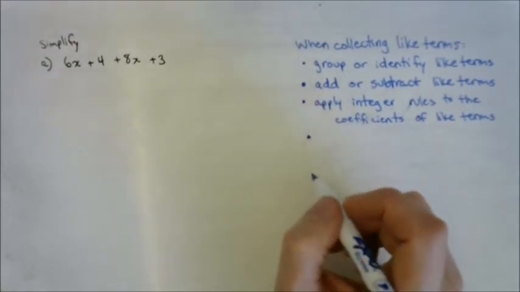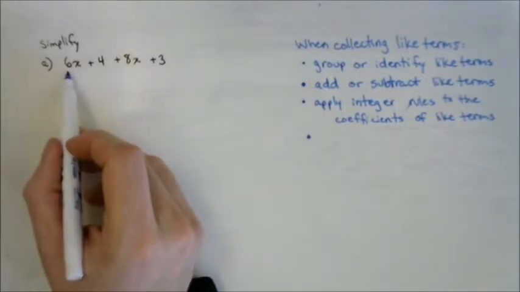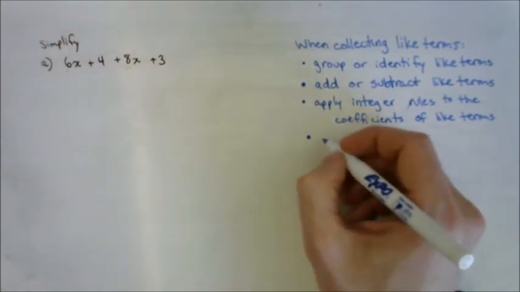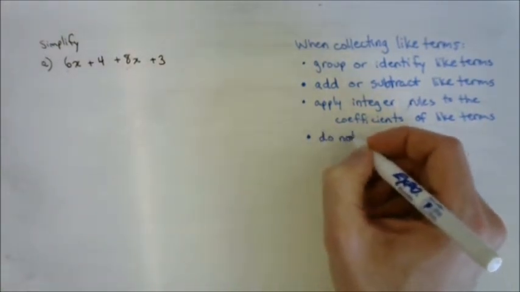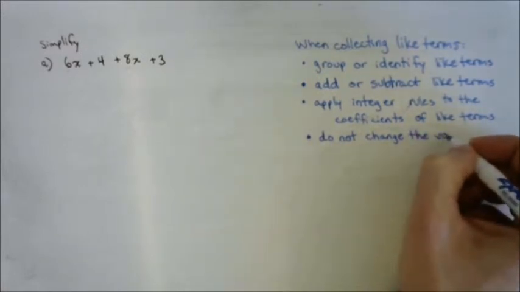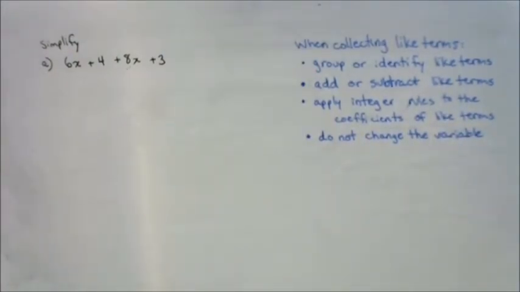It just means the rules that you use for adding and subtracting numbers, integers, you also use for adding and subtracting the coefficients of the like terms. But on top of that, you need to remember, do not change the variable part. If you're adding 3x plus 5x at the end, you're still going to be left with x's. You're not all of a sudden going to have x squares or x cubes or whatever. Does that make sense? If you're adding x's, they stay x's. If you're adding q cubed, they stay q cubed.